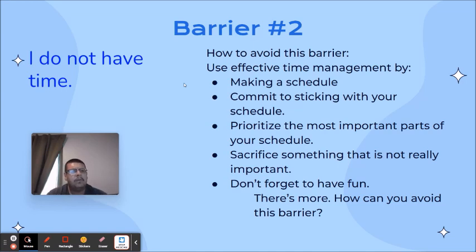You do not have time. That's a barrier. So, how can you avoid this barrier? Well, make a schedule for yourself, and on your schedule, start putting in what times you're going to do your workout so you can achieve your goal.